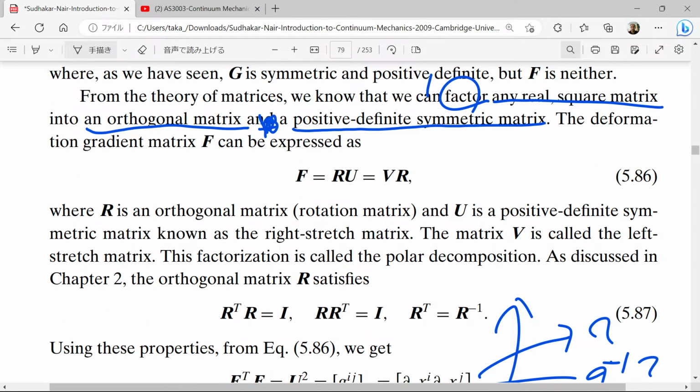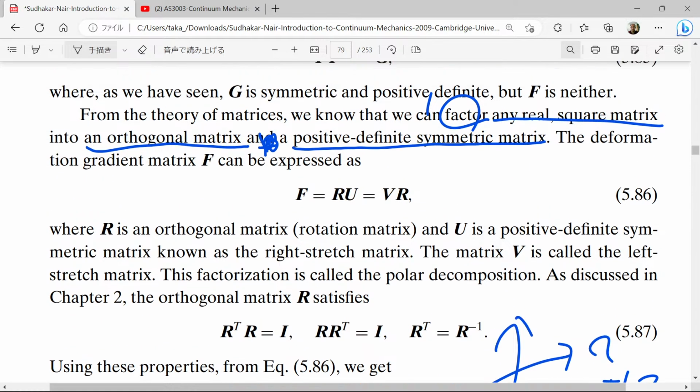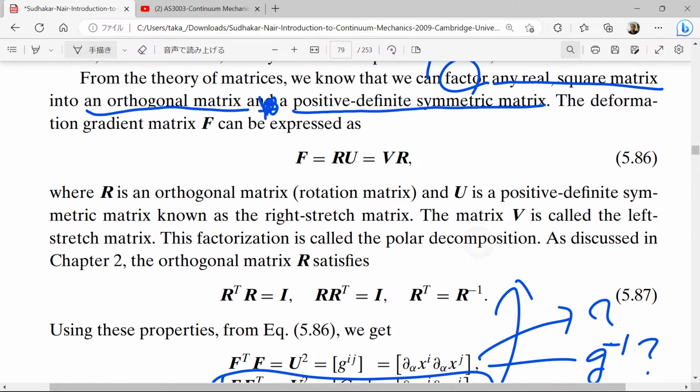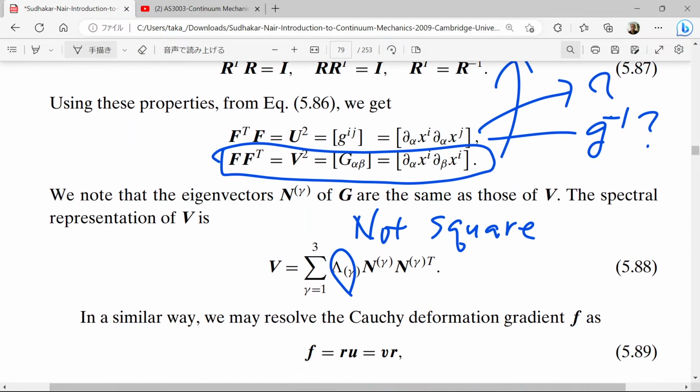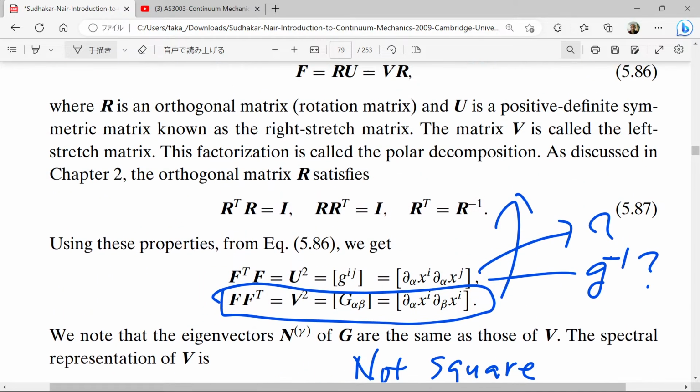V is symmetric, positive definite. Positive definite symmetric matrix.